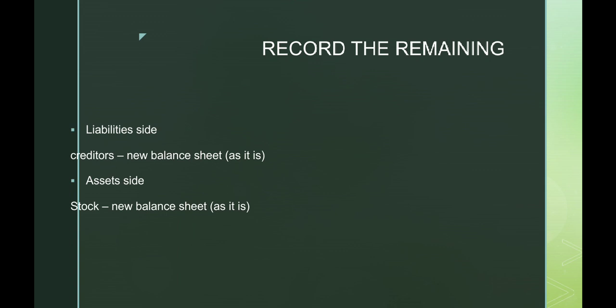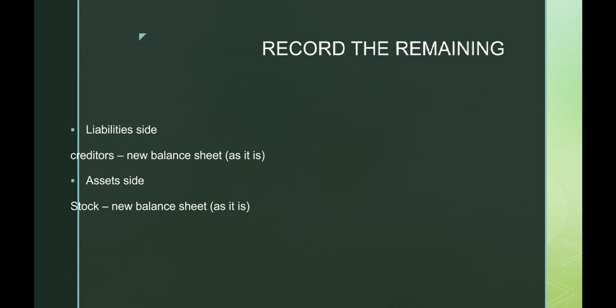It is to record the remaining. Now what do you mean by record the remaining? Let us quickly revise. You draw the necessary accounts first of all, and in this particular illustration they have not prepared cash and bank account because there are no related adjustments to bank and cash. In such cases you can skip preparing that account, and if you have already prepared it, let it be as it is.